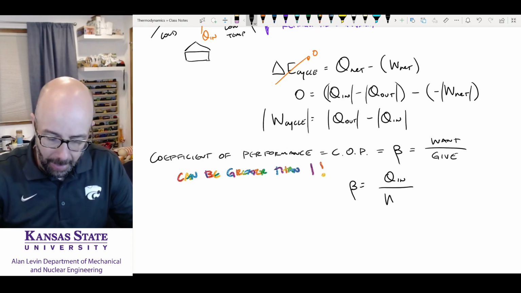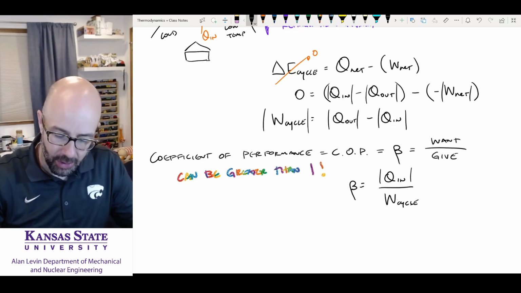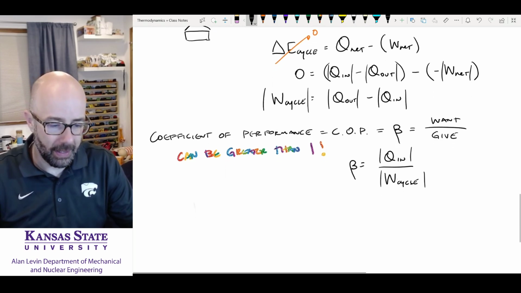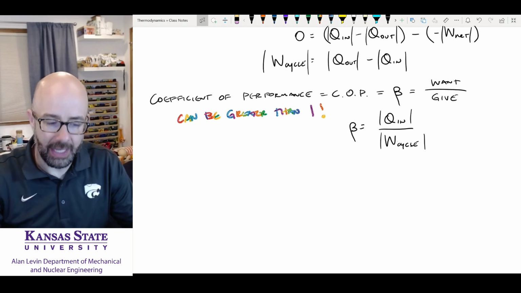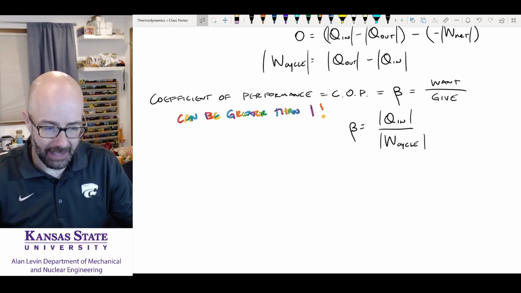We have to give work of the cycle. I want to put magnitudes on this so we make sure that's okay, and this is all on your equation sheet, so you can look at it. Again, Q in is the heat removed from the people, from the food, etc.